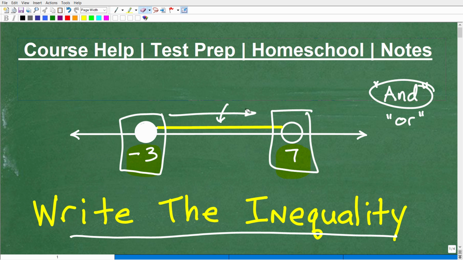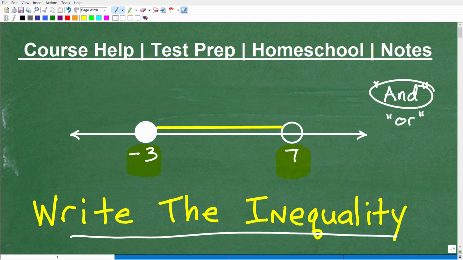That's what we're trying to represent in this inequality. So it's bounded by two numbers, -3 and 7. We don't want to go less than -3, and we don't want to go greater than 7. We want all the numbers from -3 up to 7.